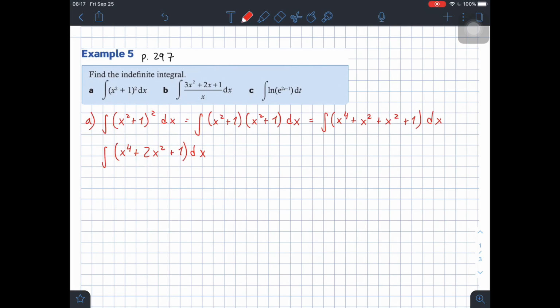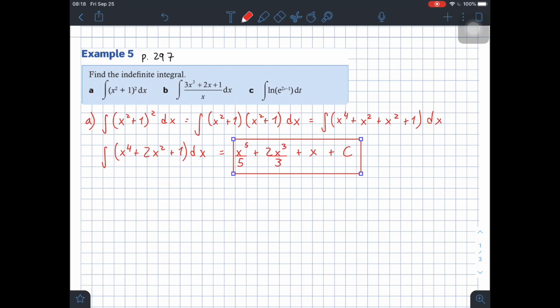So if we do that, we're going to get as a result, for the first term, x to the power of 5 divided by 5. For the second, it would be 2x cubed divided by 3. And for the third, the integral of 1 is just x. And don't forget the plus c, right? So this is the result of this integral.